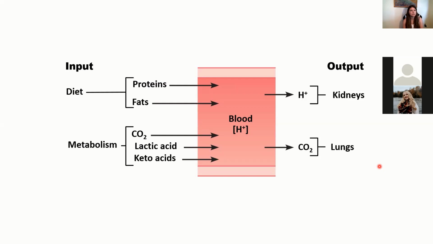What we're actually outputting in the lungs is carbon dioxide, but because carbon dioxide can basically be converted into hydrogen and hydrogen can get converted into carbon dioxide, it's basically the same thing from this perspective when we think about its interactions with carbonic anhydrase and bicarbonate, which we'll do more today.